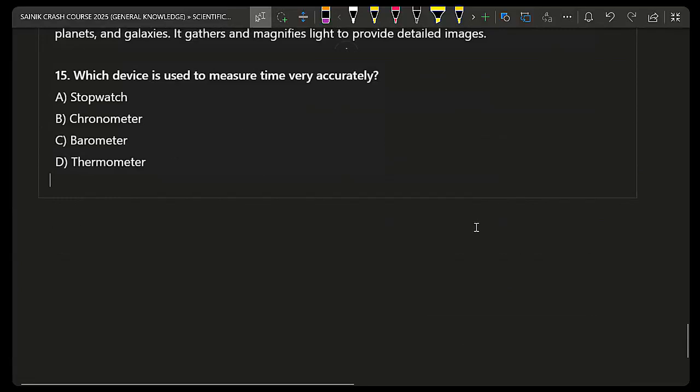Stopwatch, chronometer, barometer, thermometer. Which device is used to measure time very accurately? Stopwatch, chronometer, barometer, thermometer.